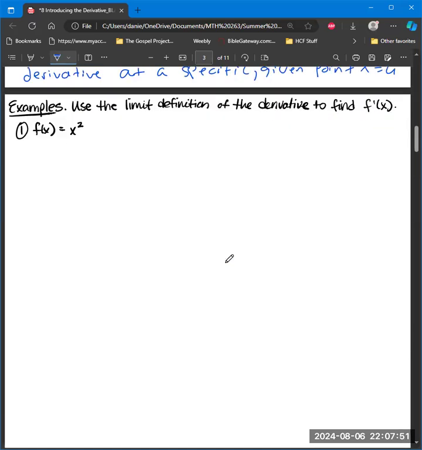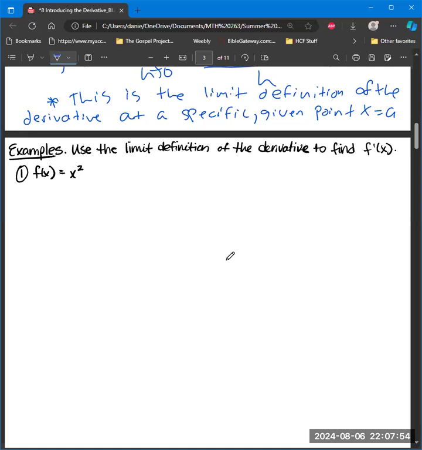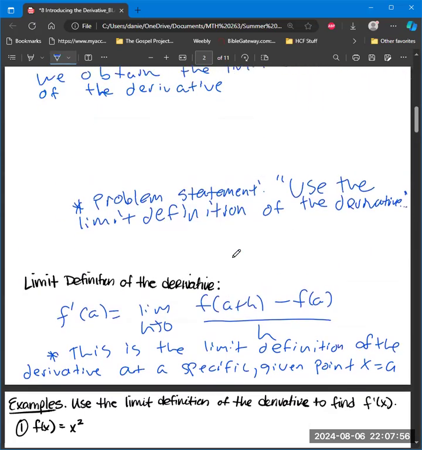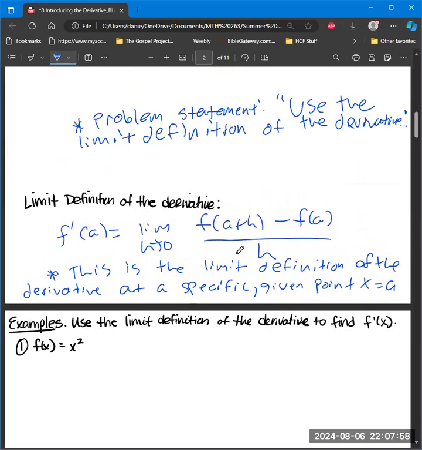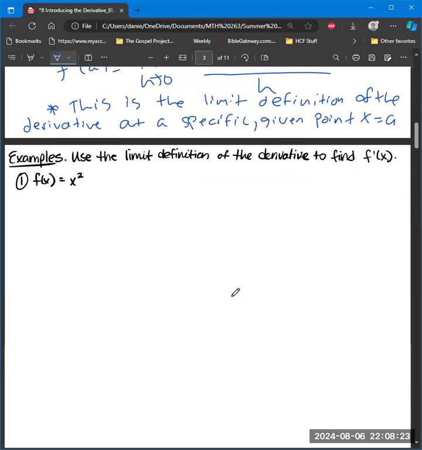So when we're not given a specific a value, then we're going to have f prime of x is equal to the limit as h goes to 0 of f of x plus h minus f of x divided by h, and we'll do some of both of that.